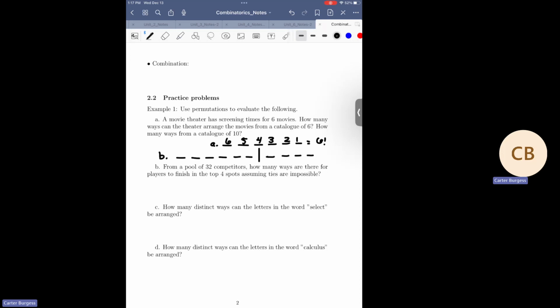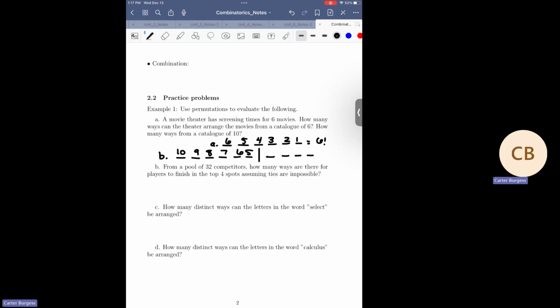All right. How many ways can we pick from our catalog of 10 for our first screening time? We have 10 different options for our first screening time. And then for our second screening time, 9, and then for our third, 8, and then 7, and then 6, and then 5. And so we fill out our screen time.